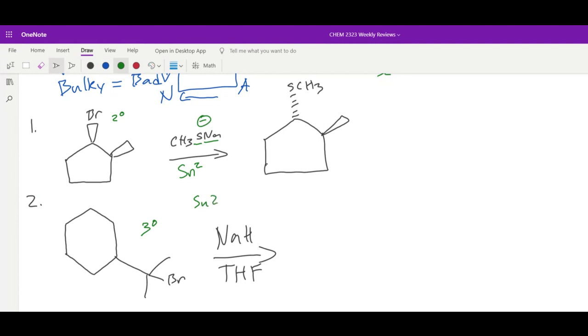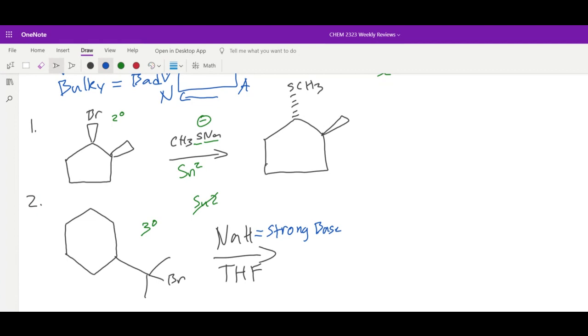So we can cross off SN2 as a possibility. Now I'm left with E2, E1, SN1. All of them do prefer tertiary, but looking at my reagents, I have a strong base. NaH is a strong base. This is something you definitely want to remember. This is a very, very strong base. So because it's a strong base, we're looking at E2.